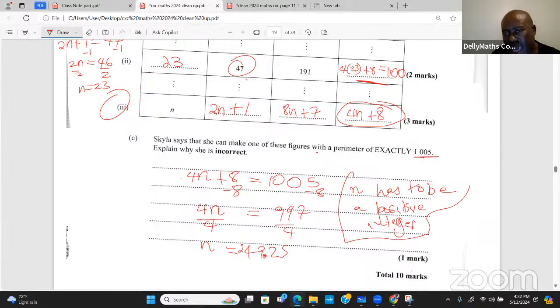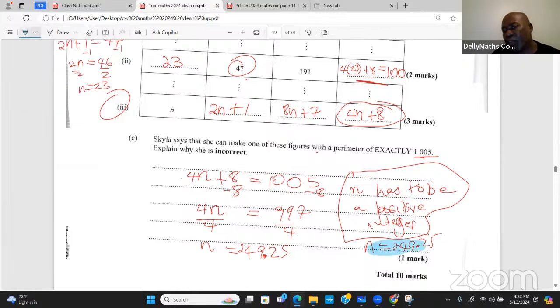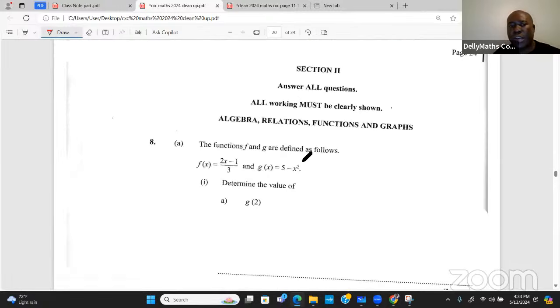So this is the key here. n has to be a positive integer, and we got that n is equal to 249.25. So this is the problem. This is not an integer. n has to be a positive integer for that to be correct. So no, that is why she is wrong. All right. So with that said, or you could say, at the end there, the number has to be divisible by 4. It didn't work. So you collect your 10 marks.